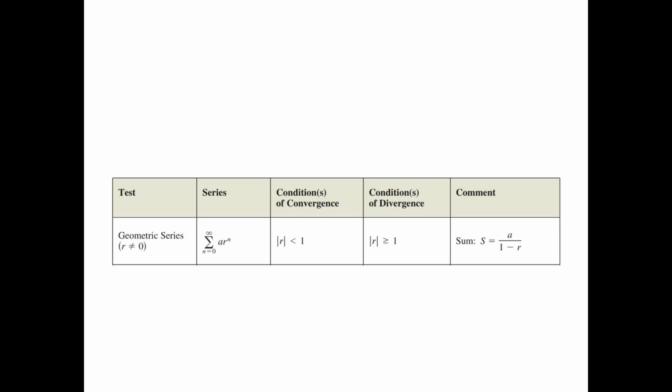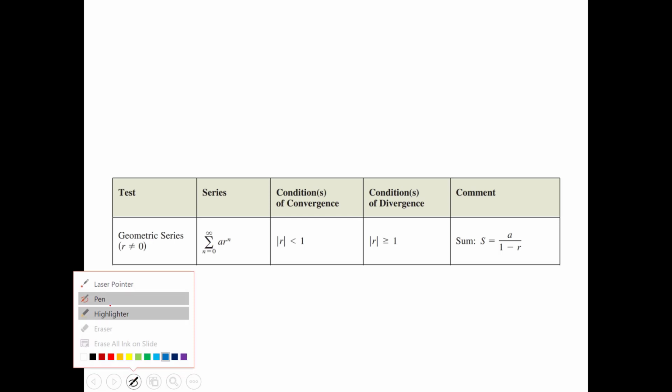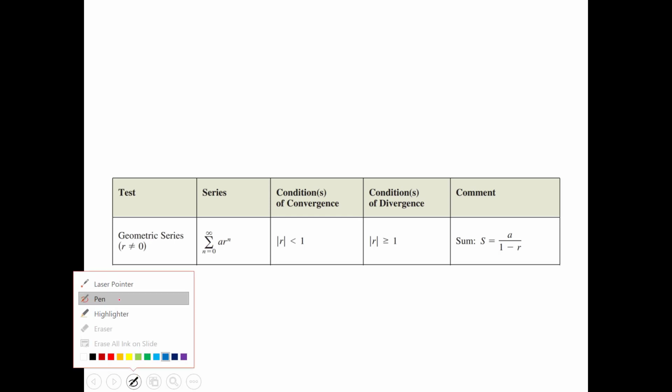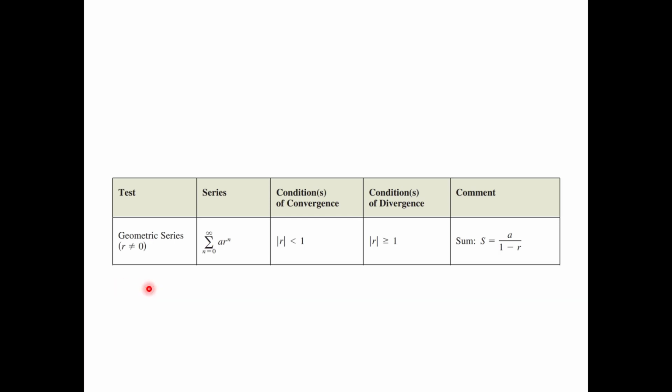And if your common ratio is bigger than 1, then your series diverges. This is again one of the few cases where we could actually say what it converges to, and we have a formula for what it converges to. It will converge to the first term all over 1 minus the common ratio.